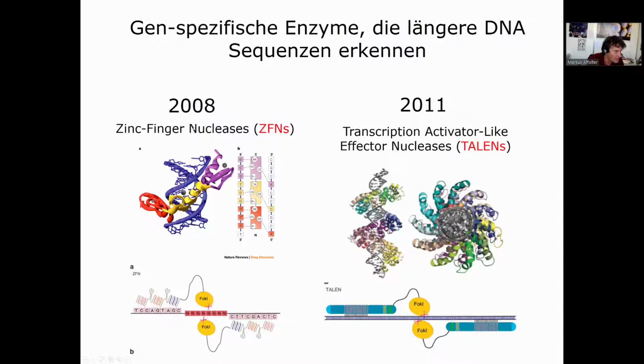They succeeded. They got it to work in 2008. The first zinc finger-based nucleases were sold, I think, on the market. We also bought some of these zinc fingers to modify a gene in zebrafish. It cost 25,000 to get one nuclease like this.